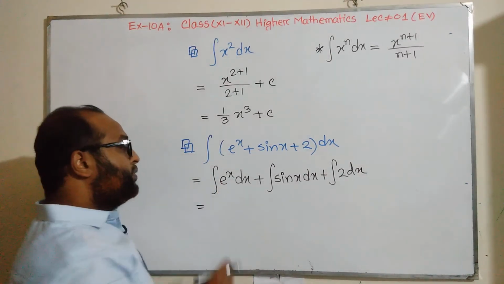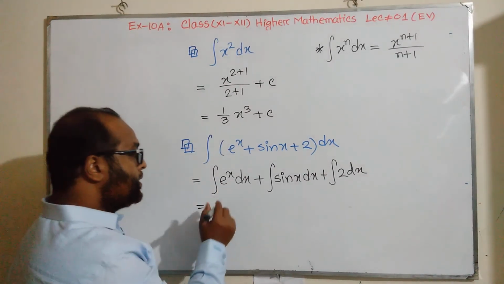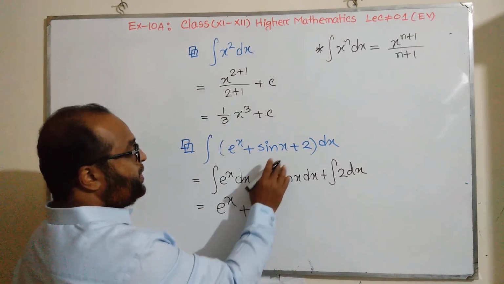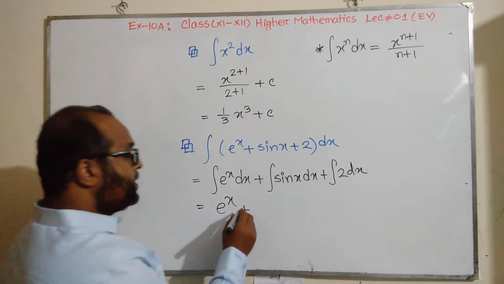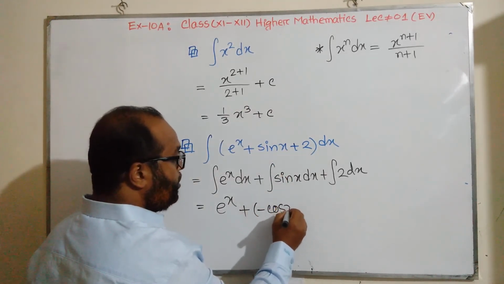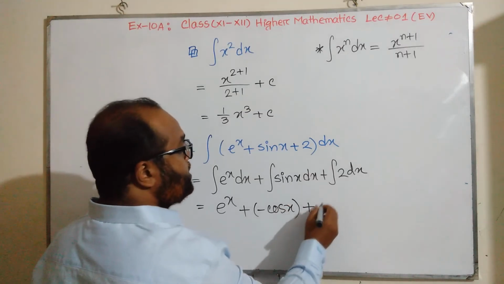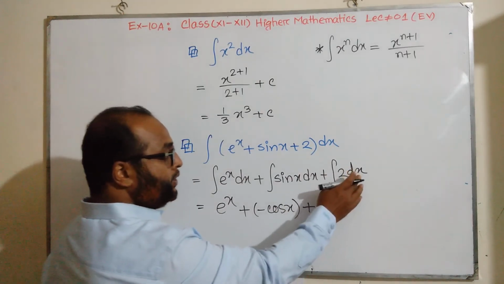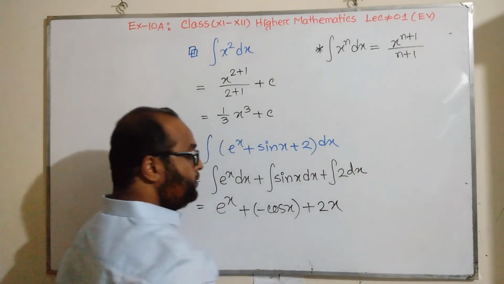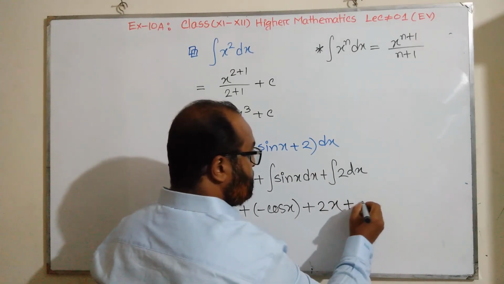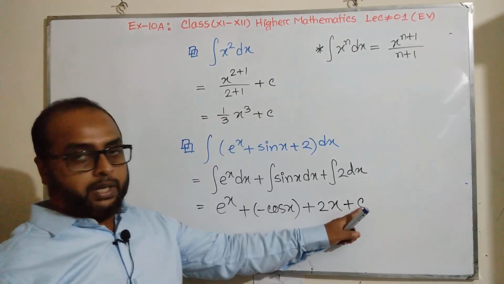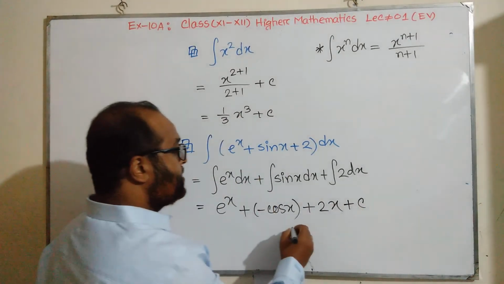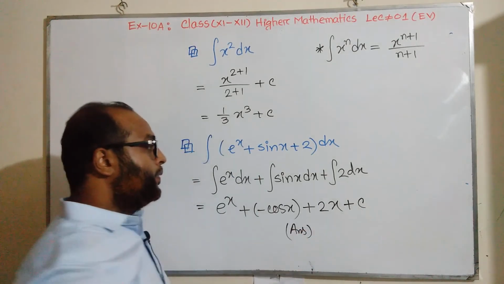You know the formula, e^x dx is e^x, integration of sin x is minus cos x, plus 2 is taken out of the integration, and integration dx is x. Here we use only one constant c, the integral constant, and this is the answer of this question.